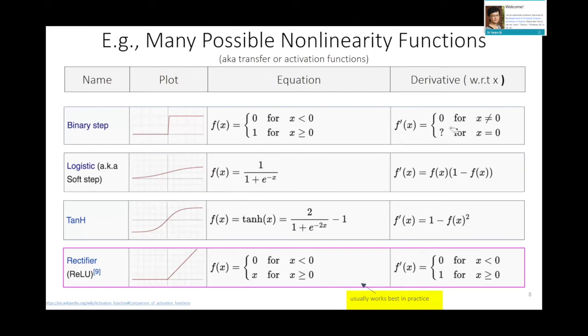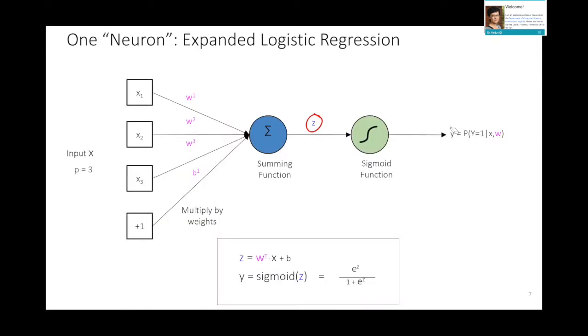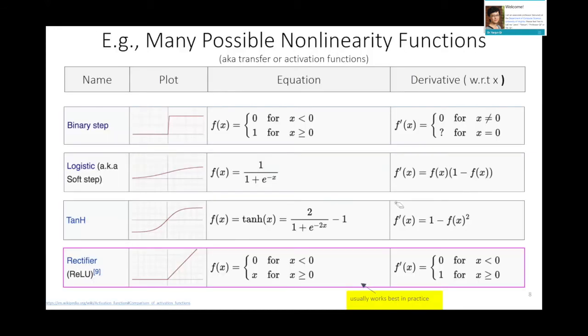Okay, so in fact, we have many choices to replace this compression or squashing step. The logistic or sigmoid is only one of them, and there are many different kinds. You can do a binary step, you can also have tanh, and you can also have a rectifier layer.